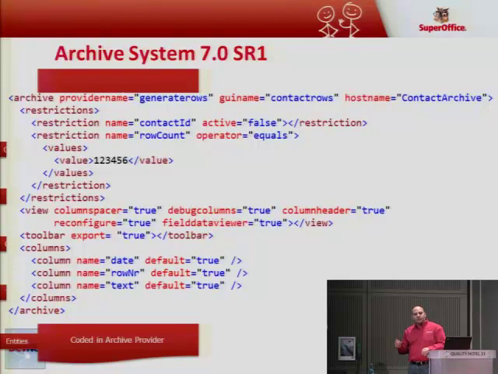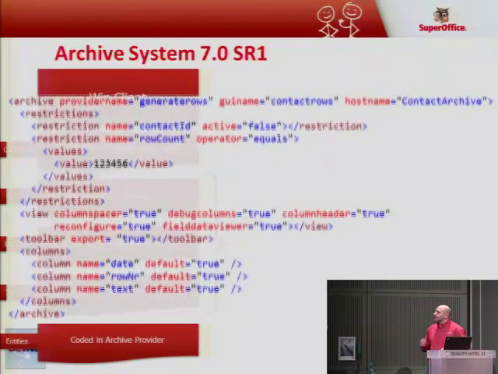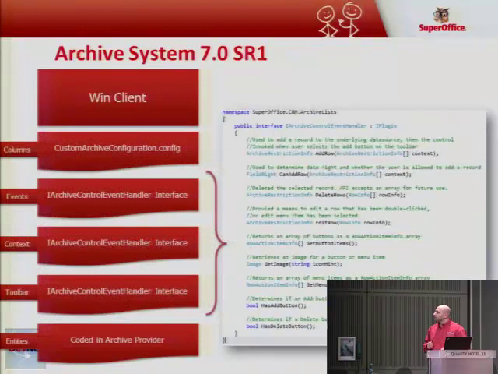But all that information about the events, everything that we have here, so the context menus and the toolbar, all of that's defined inside the actual assembly. Here's what the iArchive control event handler interface looks like. It's quite large.